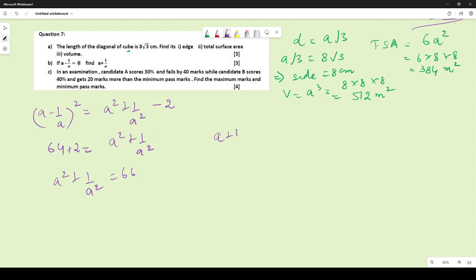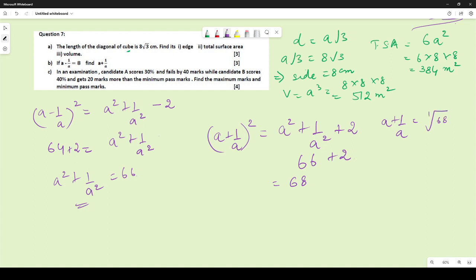Now let us look at this. हमको निकालना है a plus 1 by a whole square is equal to a square plus 1 by a square plus 2. हमको पता है a square plus 1 by a square की वैल्यू क्या है? This is 66 plus 2. That makes it 68. So a plus 1 by a is equal to square root of 68. That is all you had to do.